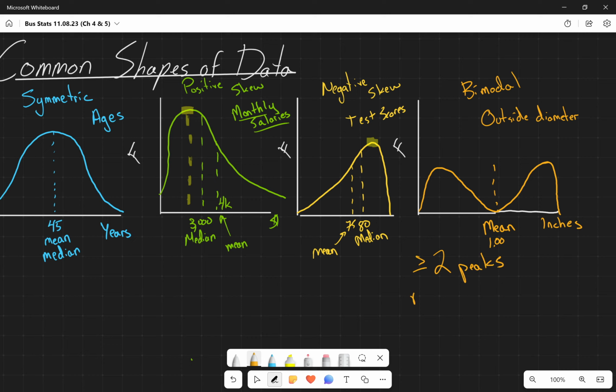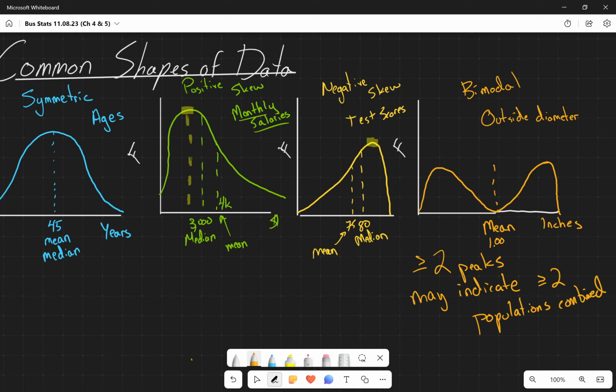And it may indicate that we have 2 or more populations combined. So here, if we're looking at bicycle tires or something, right, probably means that we have both road bike tires and mountain bike tires in here.